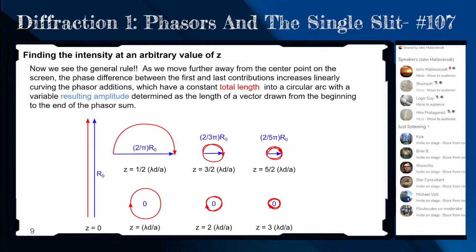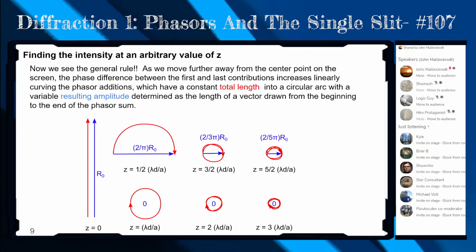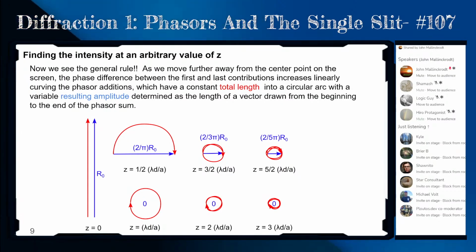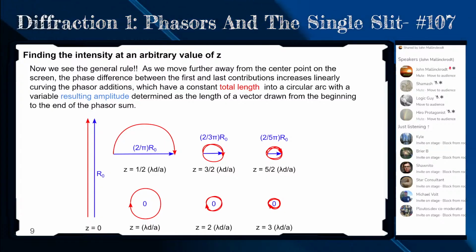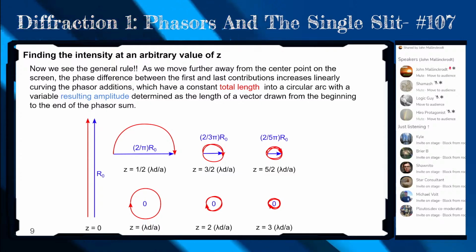And I invite you right now to just think about, I'm not showing you all the intermediate cases, but I hope you can see that between z equals 0 and z equal 1/2 lambda d over a, the resulting vector is just progressively getting smaller and smaller and smaller. It gets to what it is at z equal 1/2 lambda d over a, and then it continues to get smaller.